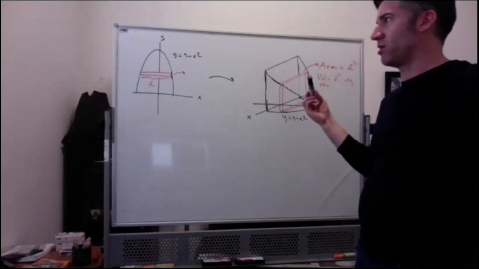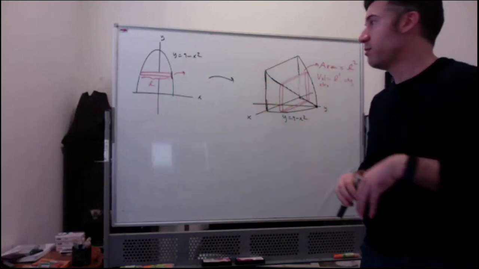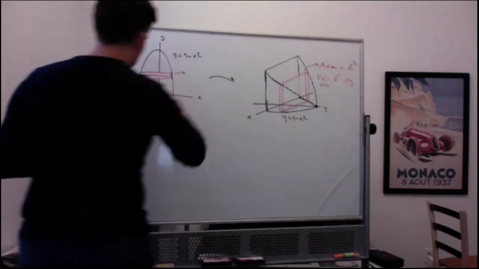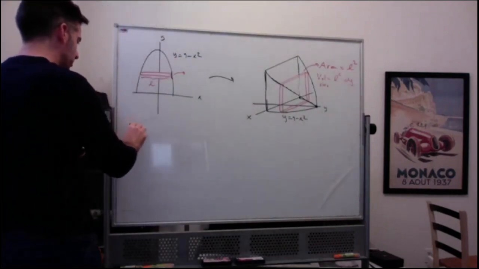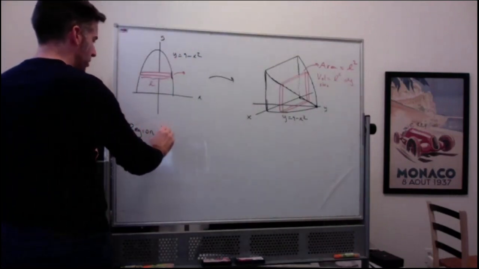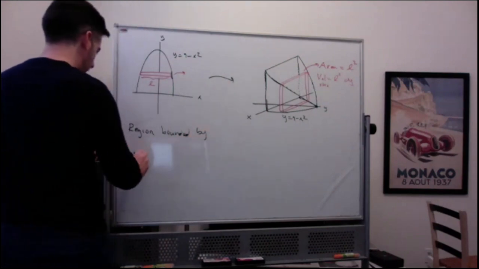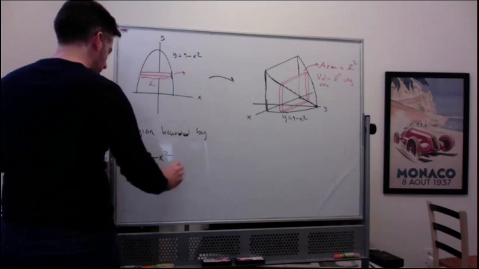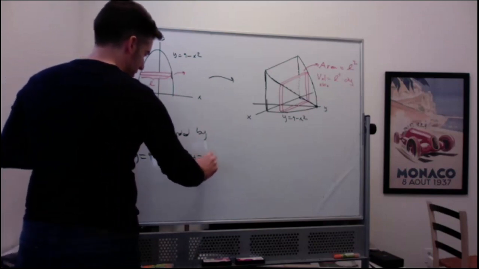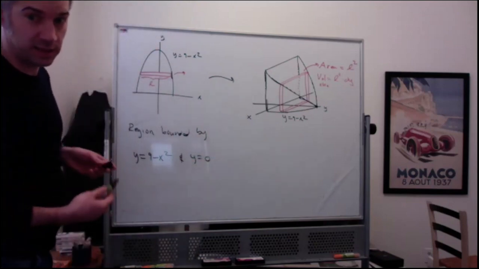I didn't write the words out because they take so long to write out. But here's the idea. We have a region, and this region is bounded by the curves y equal to 9 minus x squared and y equal to 0, also known as the x-axis.